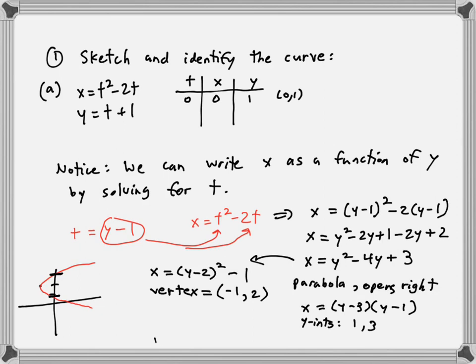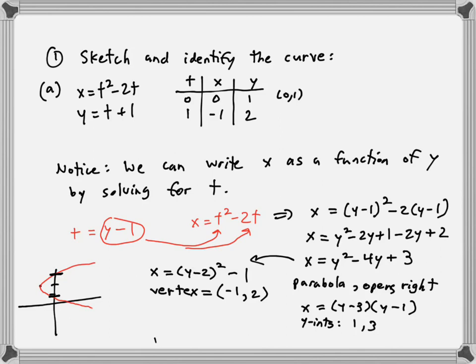Which direction is the curve moving? That's a great question. We do need to make sure we put the correct direction in here. Well, I already know that t equals 0 gives me a point here, so now let's plug in a bigger value for t. How about t equals 1? If you plug in t equals 1, y becomes 2, and x becomes 1 minus 2, which is negative 1.